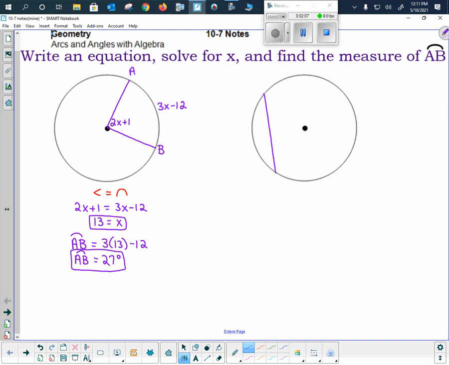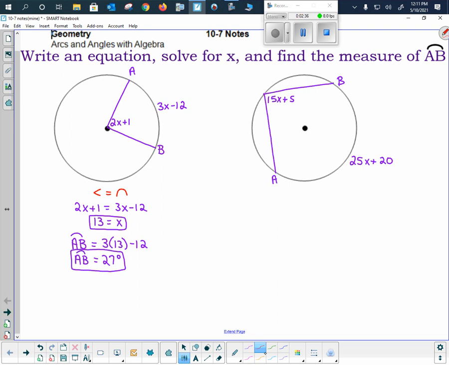All right, the next one. Let's do this as a picture. We'll give you A for this point, B for this point, and put 15x plus 5 there, and 25x plus 20 there. Again, ask yourself what kind of angle that is. It's an angle with its vertex where?